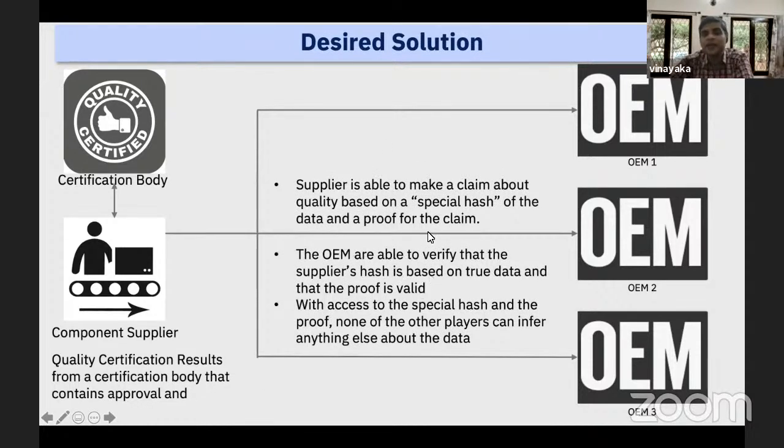Can the supplier make a claim based on some special hash of the data and a proof, such that the OEMs are able to verify that the supplier's hash of the data and the proof together is actually valid, and the access to the special hash and the proof does not allow them to infer anything else other than just the assertion that the quality requirement is met? So this is the second example.